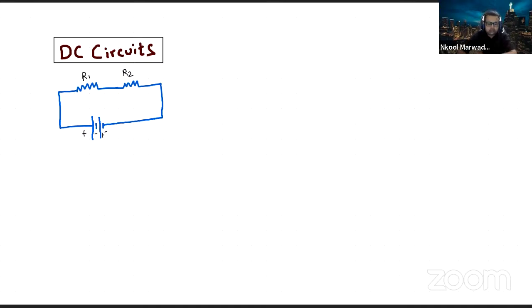Now we have two types of elements, active elements and passive elements. Active elements are those elements which supply energy. Active elements always supply energy, and passive elements consume energy.